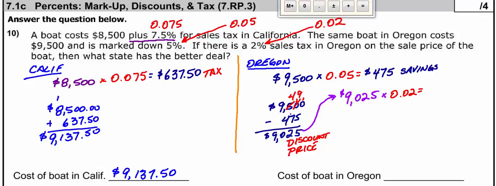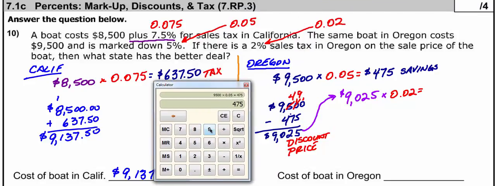So I'm going to bring the calculator back down. $9,025 times 2% is equal to $180.50. That's the amount of tax.